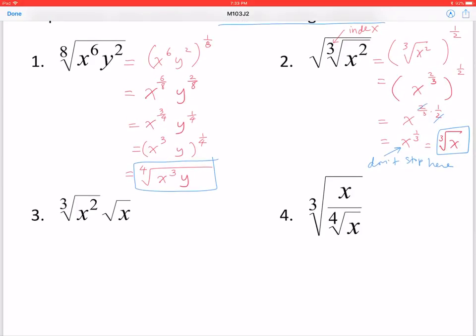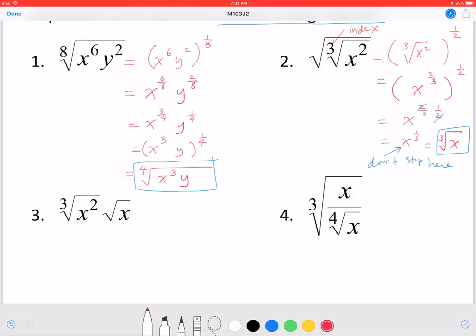Then let's go to number 3. Again, we have two separate radicals. So let me write this as x to the 2/3 power times x to the 1/2 power. I hope you realize that here we need to add the exponents, 2/3 plus 1/2.